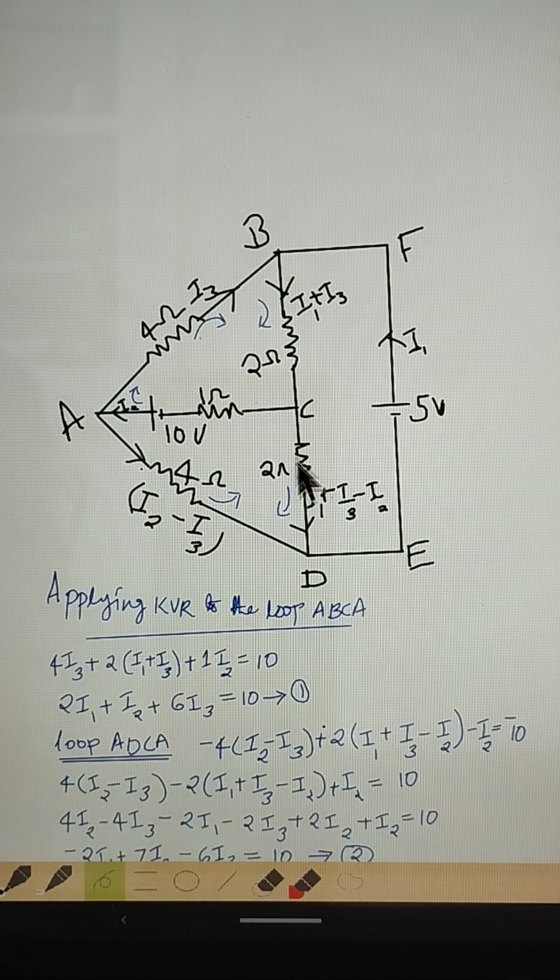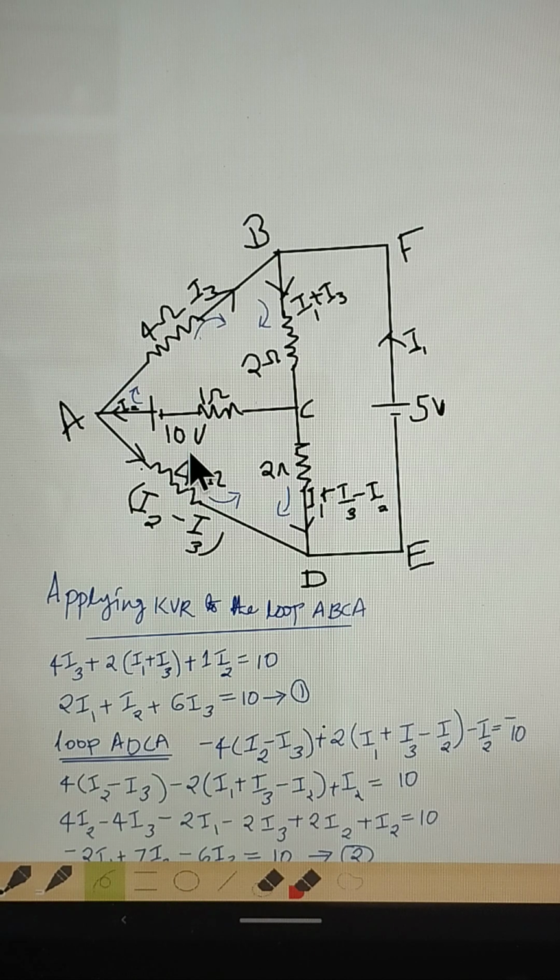Now checking this potential, the direction of that current is opposite to the current coming from this 10 volt cell, so that potential can be taken as negative. That's what we are writing: minus 2 into I1 plus I3 minus I2, equal to the EMF of that cell, which is 10 volt itself. So this is the importance of direction.